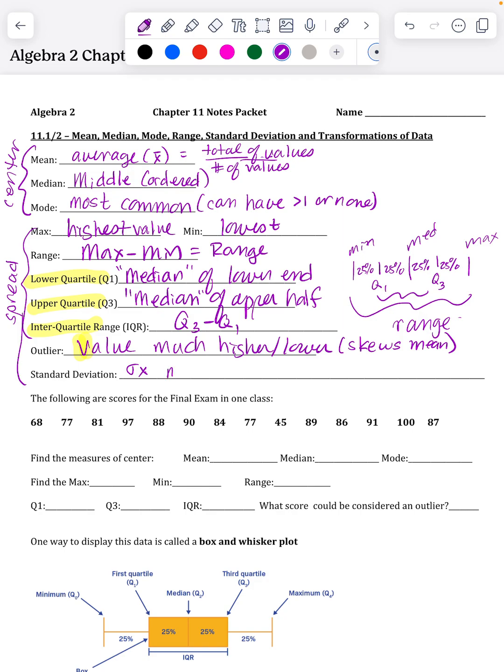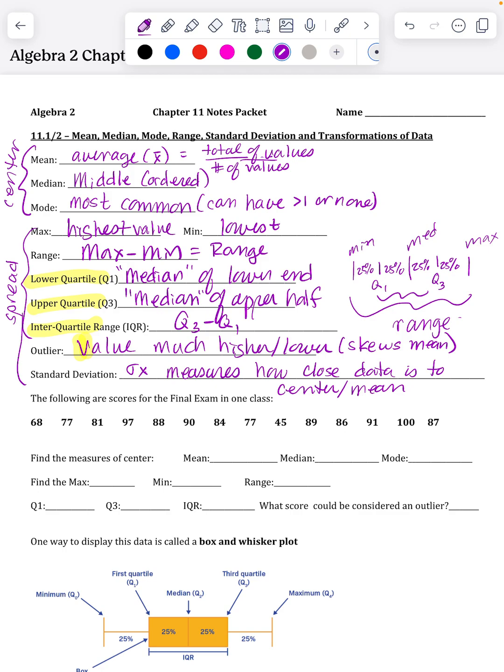And what it does is it measures how close data is to the center. And we'll look at that a little bit more closely. And the center of the data, by that I mean the mean.